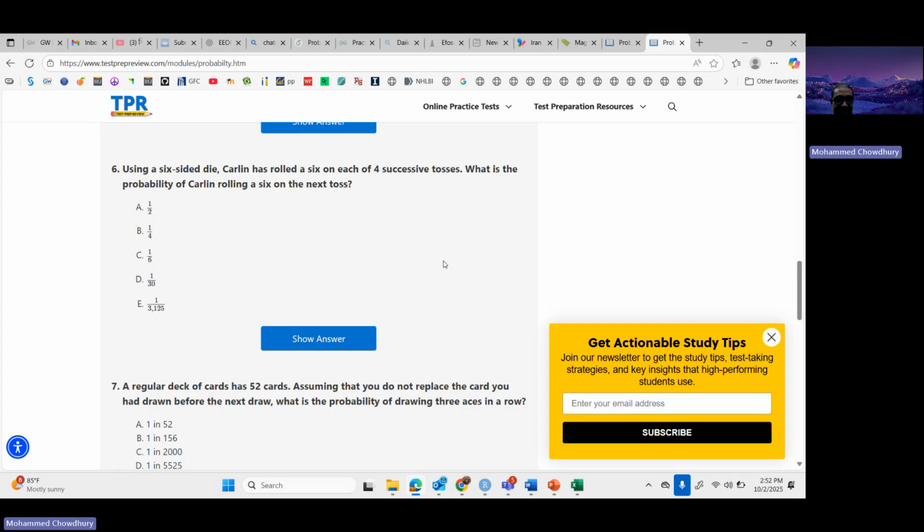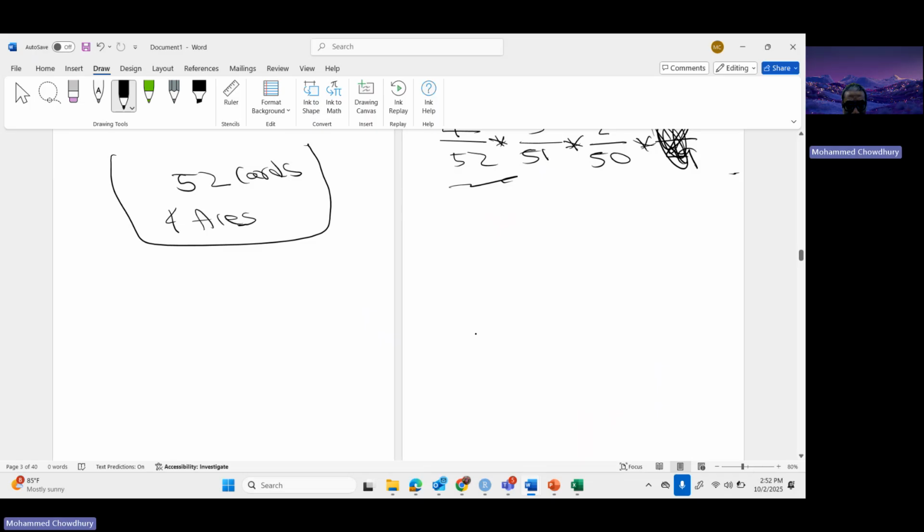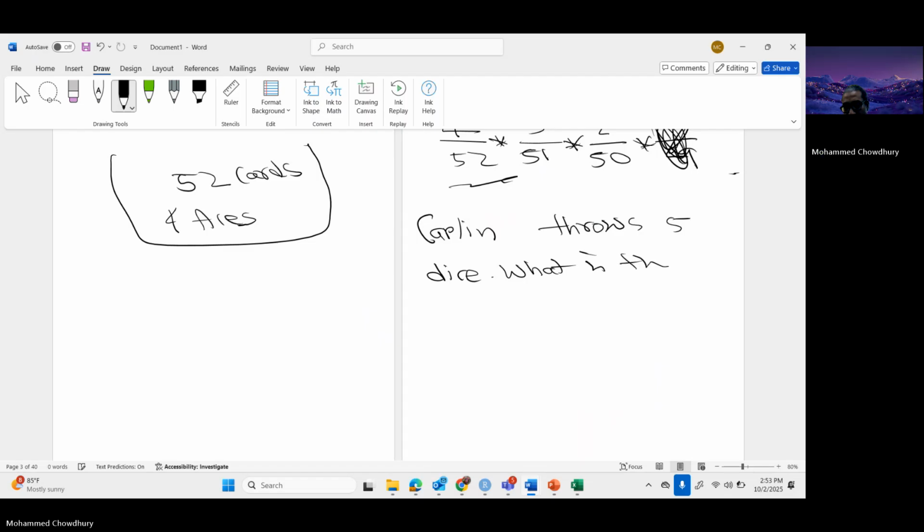So, for example, if I want to write it in this question, let me write it this way. Carlin throws 5 dice.